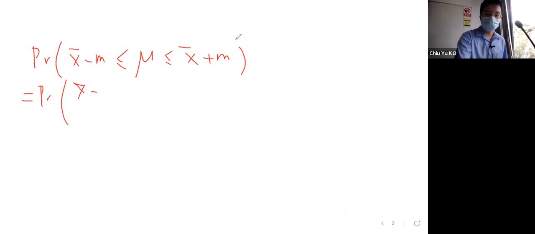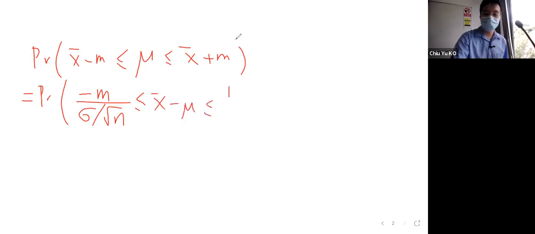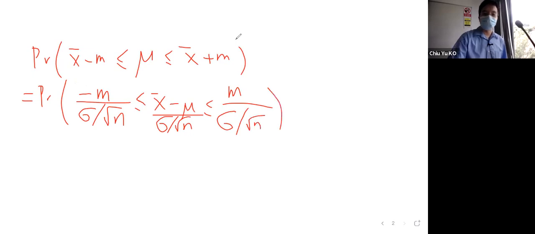We simplify to this one: minus m over sigma over root n, up to x bar minus mu over sigma over root n, equal to m over sigma over root n. This is just a simple manipulation of inequality, and you can prove the same thing by yourself.